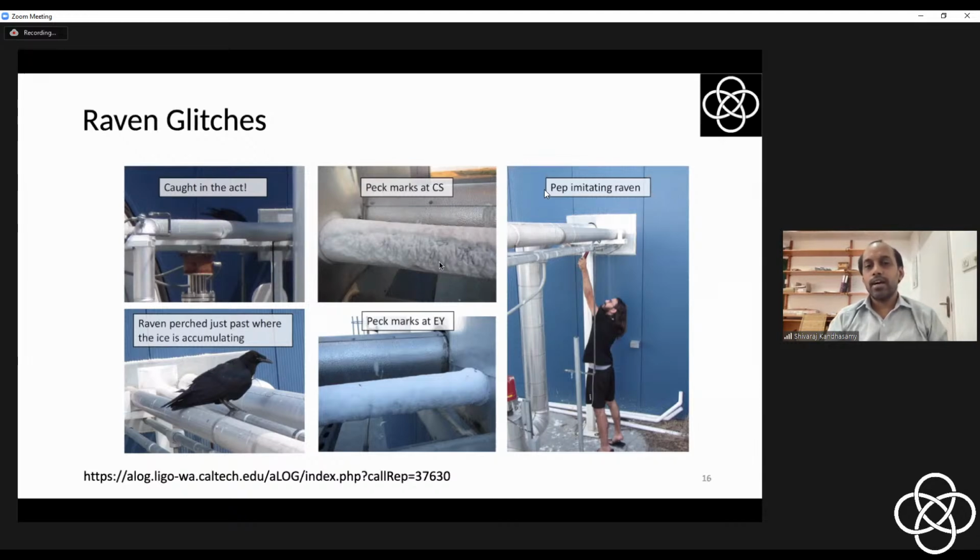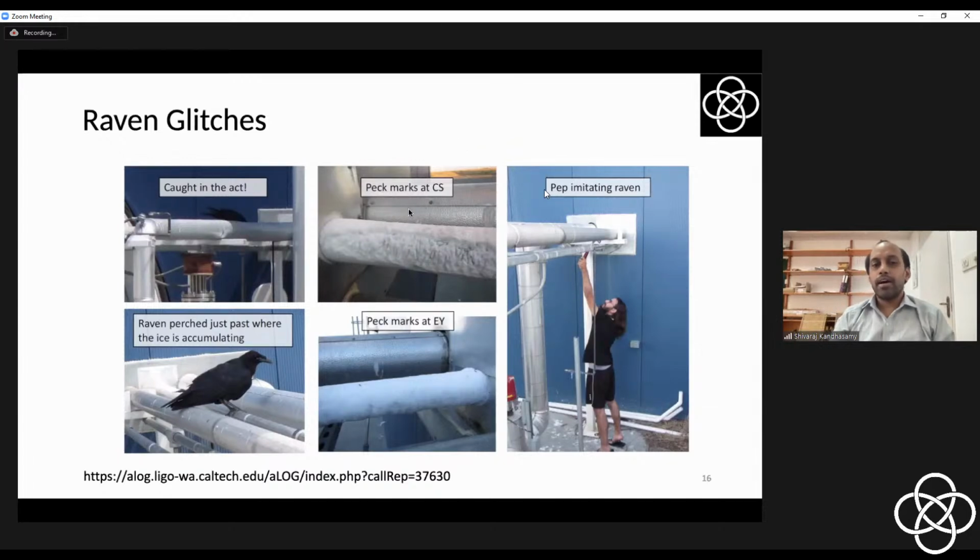Here is a crow pecking, trying to eat some of this ice, and these vibrations travel through this pipe and affect the suspended optic and produce excess noise in the output of the interferometer, producing glitches that might look like some kind of gravitational signal.